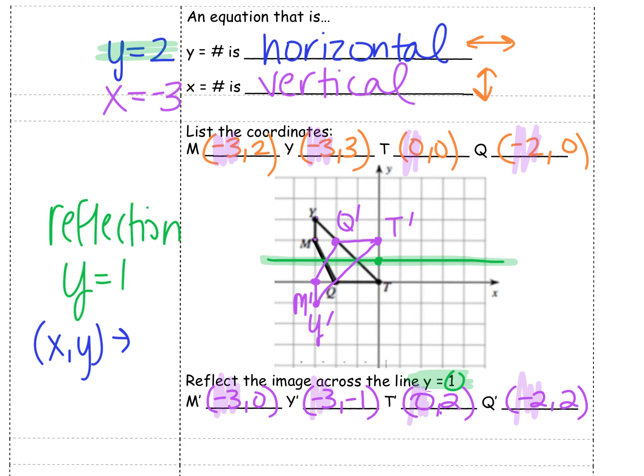My x values haven't changed, so x will stay x. But then also think about what is going on with my y values. I went from 2 to 0, 3 to -1, 0 to 2, and 0 to 2. See if you can think of any relationships there as well.